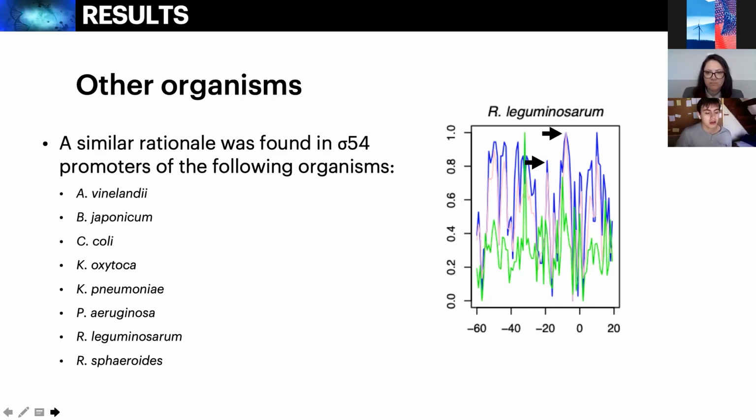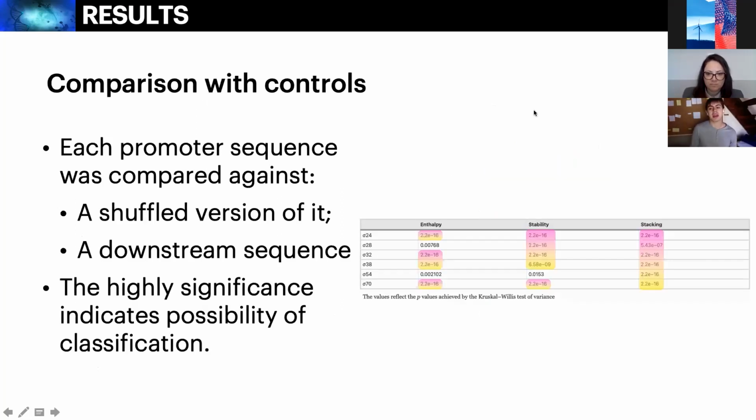When we take a look at a comparison with control sequences, the two levels of control, we can see that there is a very good possibility of distinguishing promoters and non-promoters independently of the sigma factor that we are comparing. For example, in all of the highlighted cells here in our table, we can see a high significance level found between the promoters of that given sigma and its two control levels.